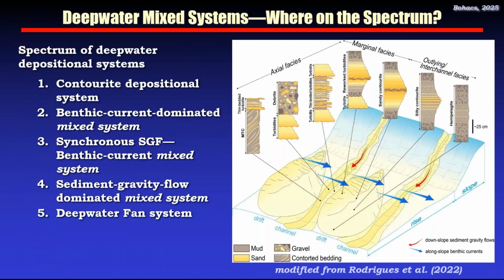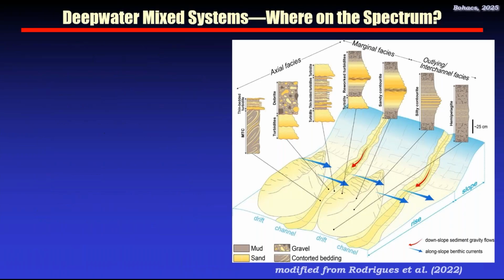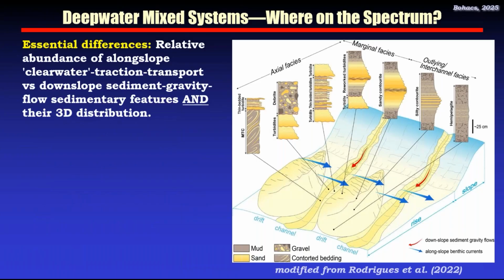Of course, contourite systems represent one end member of a spectrum of deep water systems that record various degrees and timing of interactions of along slope and downslope currents. And I look forward to hearing much more on how to recognize where one is on the spectrum throughout this session. What does occur to me, however, is that the essential differences among these systems relate to both the relative abundance of along slope clear water traction transport versus downslope sediment gravity flow sedimentary features, and to their 3D distribution.